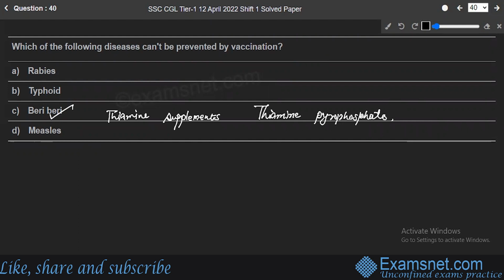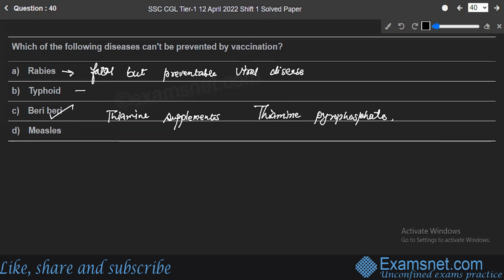If I'm talking about rabies, it is a fatal but preventable viral disease. The rabies vaccine is an active immunizing agent which is used to prevent infection caused by rabies virus.